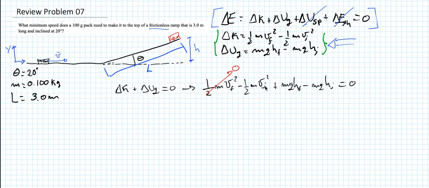So the initial velocity is what I need to calculate. And what is my initial height here? Well, if the puck is right here on the x-axis at zero height, then the initial height will be 0 here.